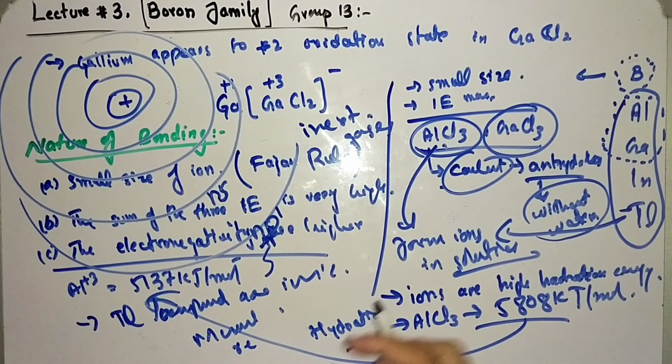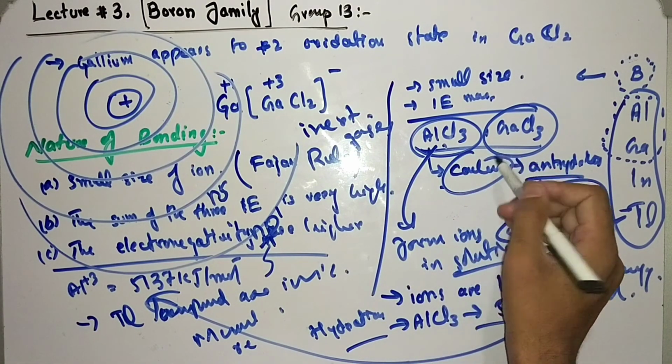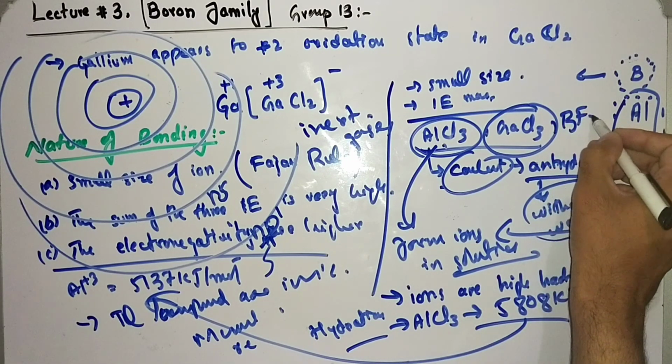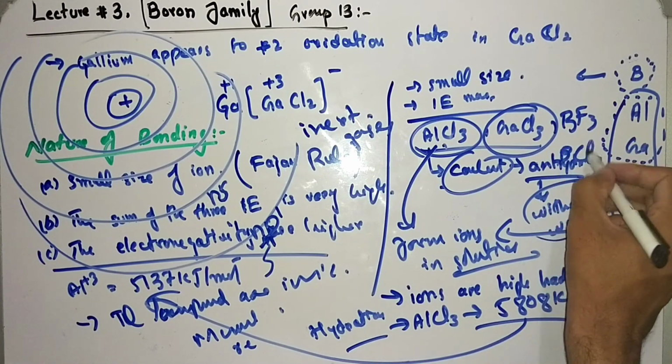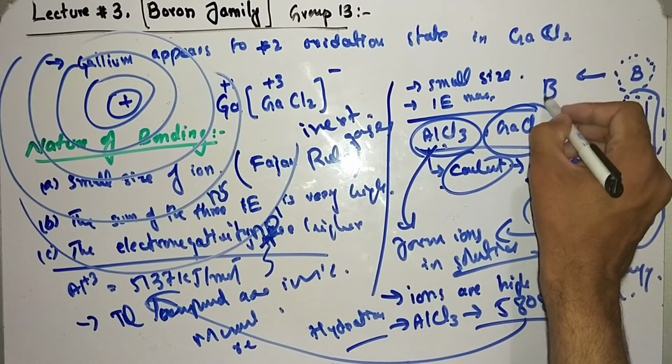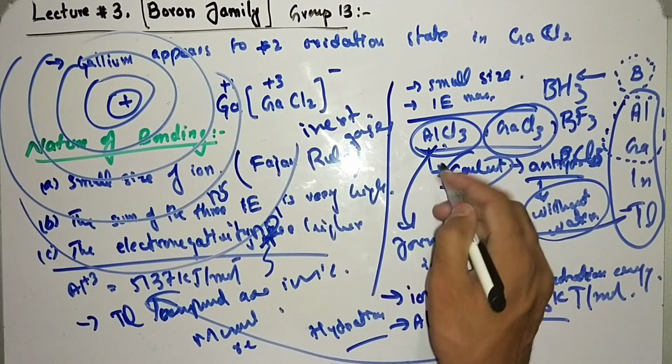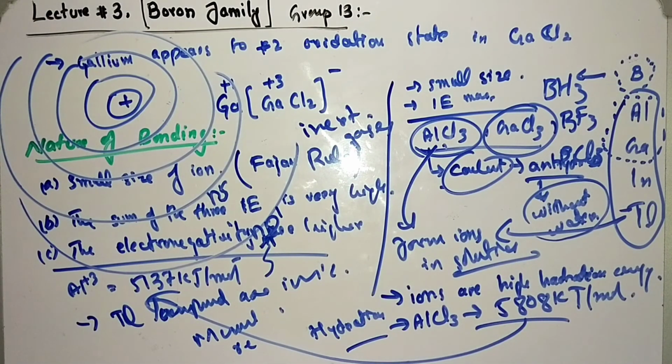Also, some compounds, that is AlCl3, GaCl3, BF3, BCl3, BH3, all these compounds, mostly compounds of the boron family, of group 3A, are electron deficient compounds.